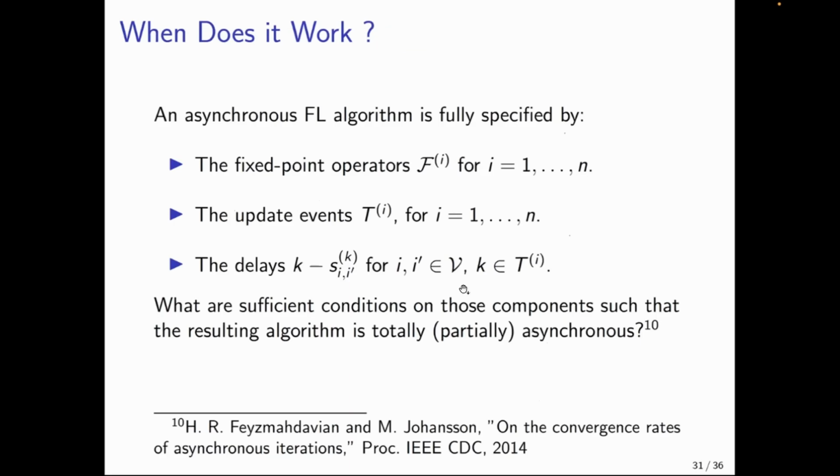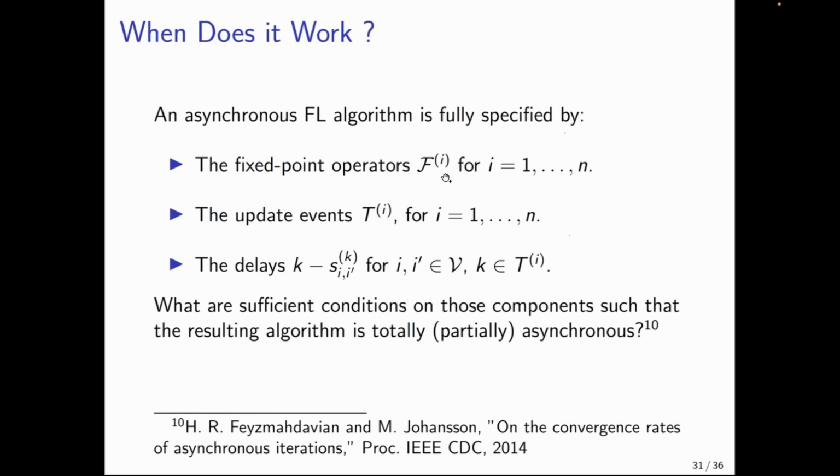Okay. So now the question is, now that we have characterized these totally asynchronous and partially asynchronous algorithms, nice, but when do they work? So when does a partially asynchronous algorithm converge to a solution of GTV minimization? And this depends on two things. First of all, it depends on the fixed point operators.